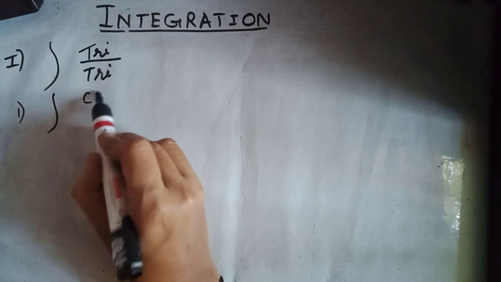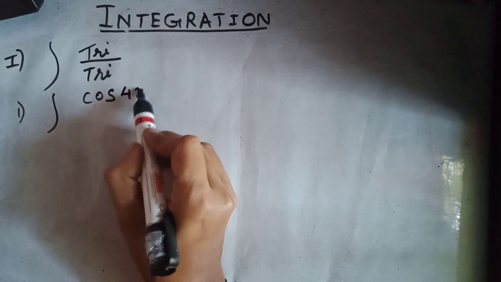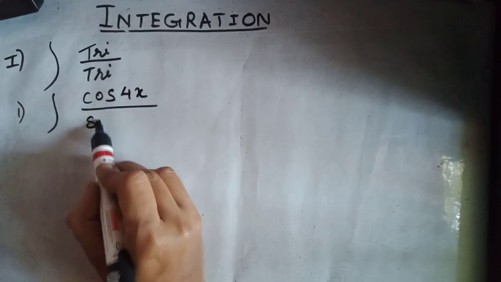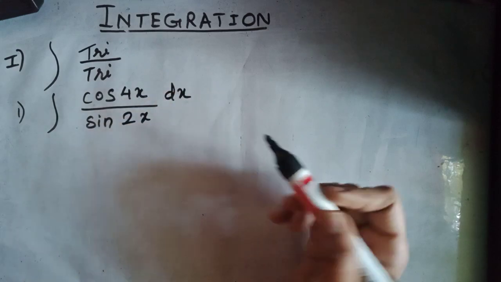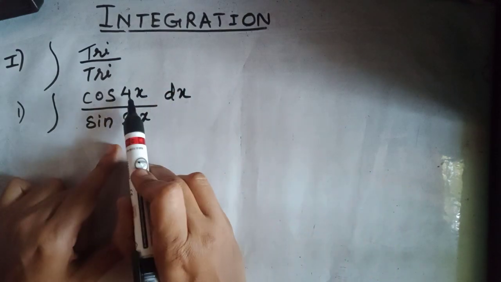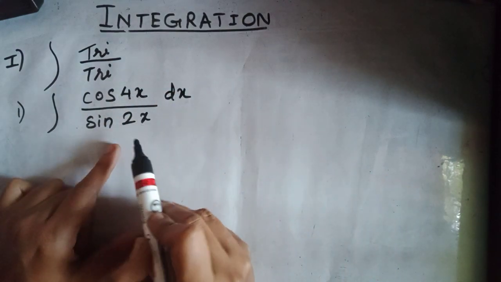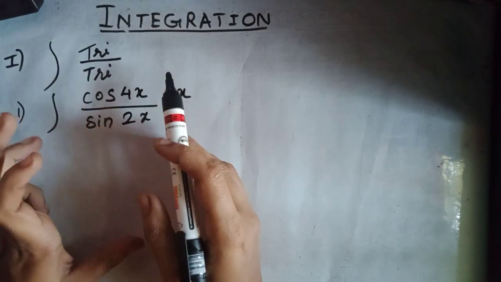If it is given cos 4x upon sin 2x dx. Here the angle is 4x and here the angle is 2x, so you have to make them equal.